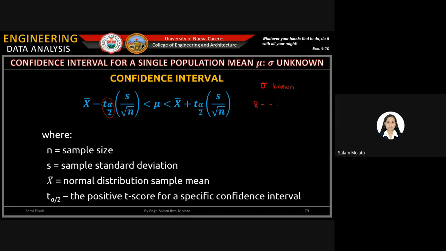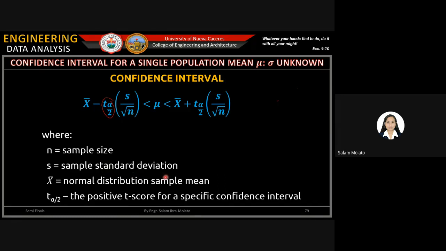And another one, since we don't know the population standard deviation, if it is known we use sigma, right? This one. And since it is unknown this time, we will replace it with S, the sample standard deviation.